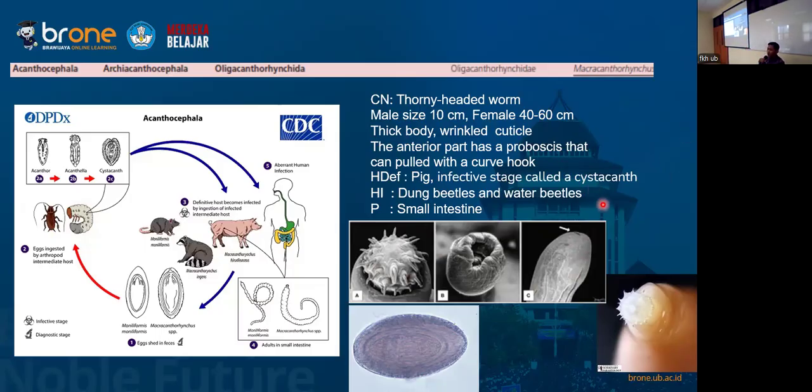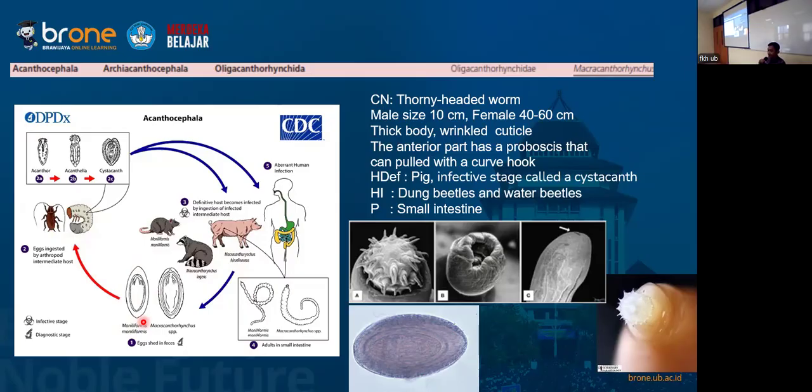Okay. Which one is the cystacanth stage that you should know? Like this one. So please look here. This is the life cycle of this worm. When the worm becomes mature, it lays its eggs in the feces, and that feces contains these eggs. And in this egg, you will find an acanthor, the first stage of the larva.